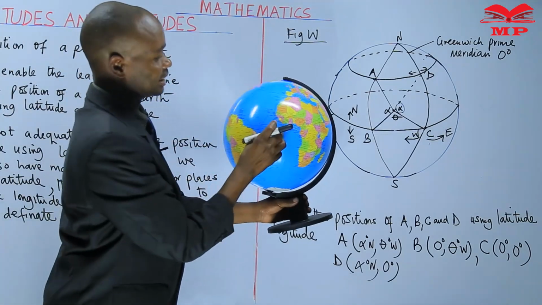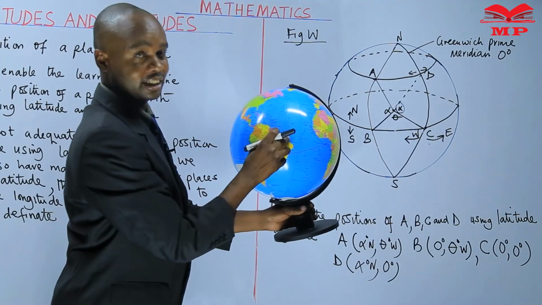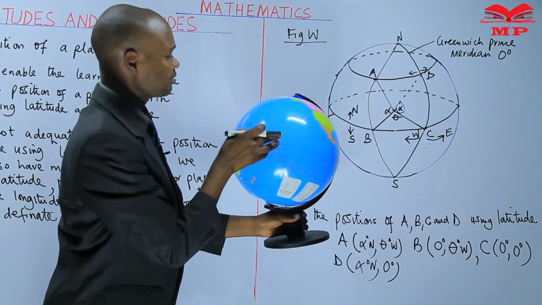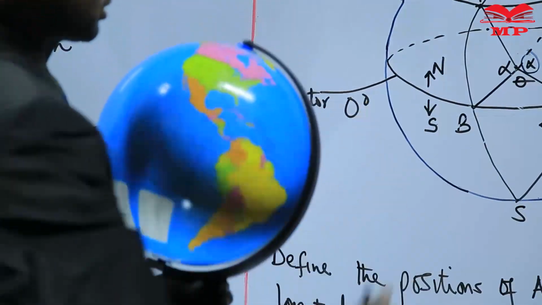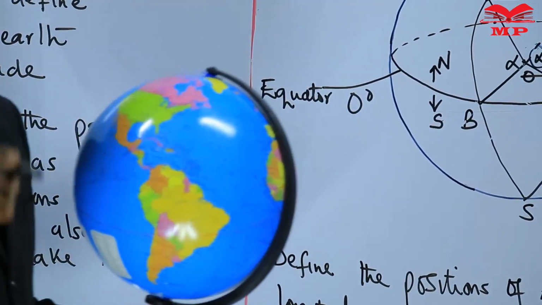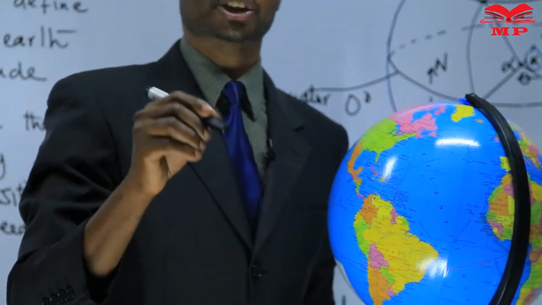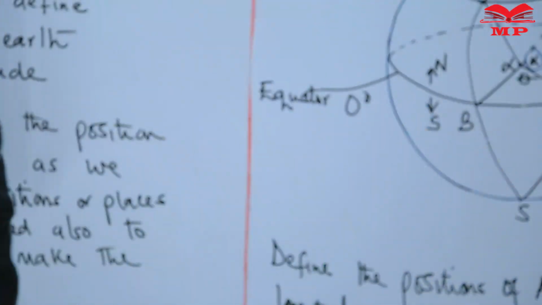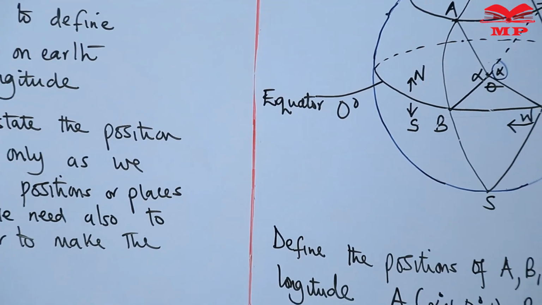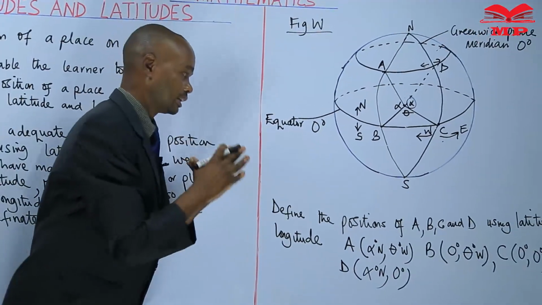But if I had just said 0 degrees, even here, it is 0 degrees, still on the equator. There are so many points that will be on the equator. That's why we used the latitude and longitude to make that position definite.